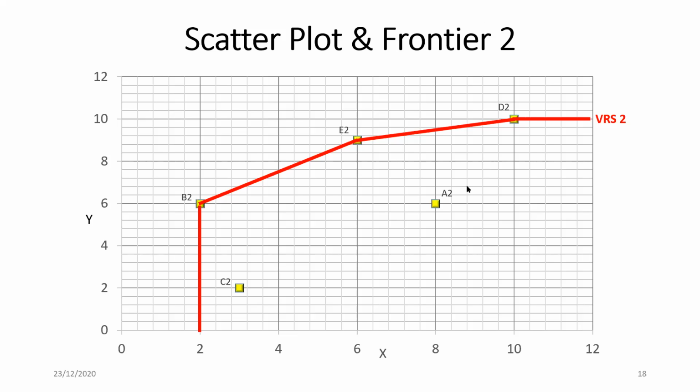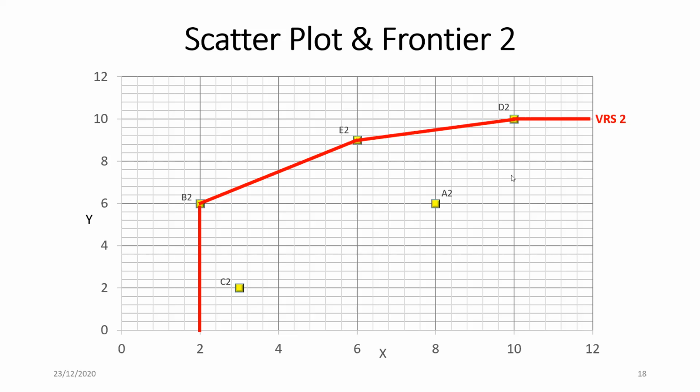Let's go to D2, and that is for Alec. 10 over 10. And then finally, Emmanuel, E2. 9 over 9.